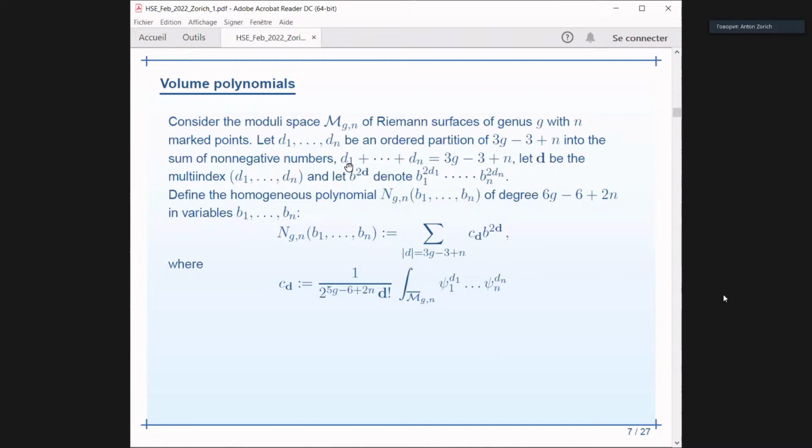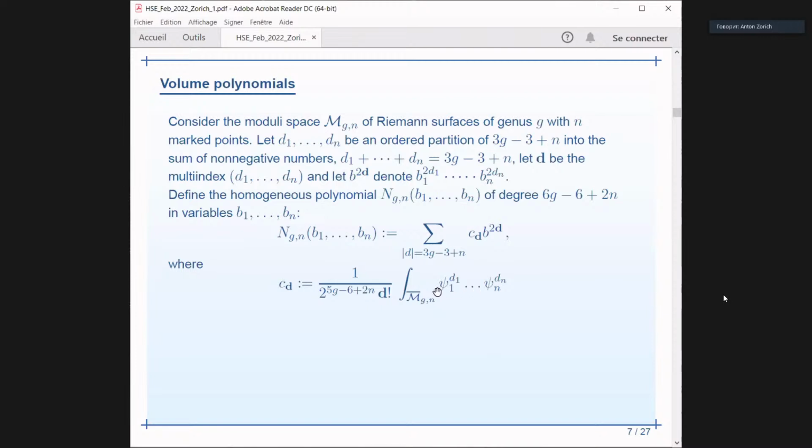I will encode the entries of our partition, which are responsible for the intersection number, for this correlator, by multiplying the corresponding correlator by b1 power 2d1, b2 power 2d2, etc., up to bn power 2dn. Up to now, it's just a formal operation. I introduced formal variables b1, etc., bn, and multiplied all these correlators by these monomials in letters b.